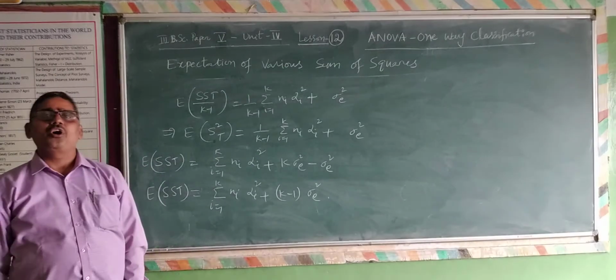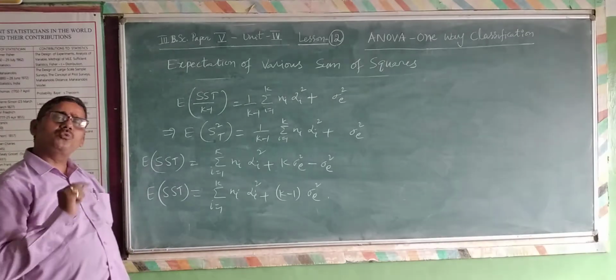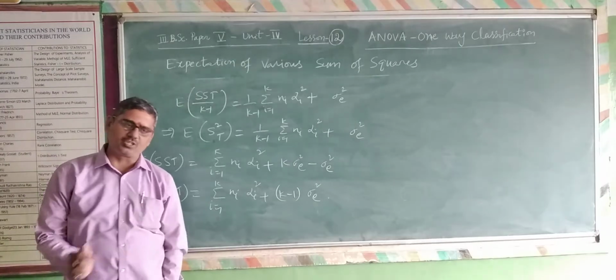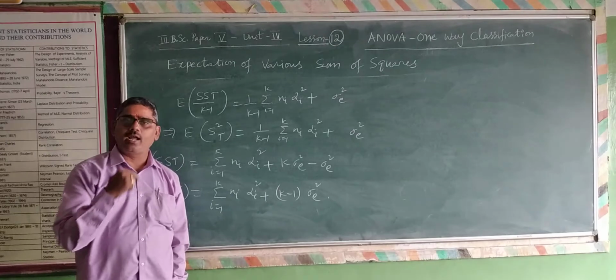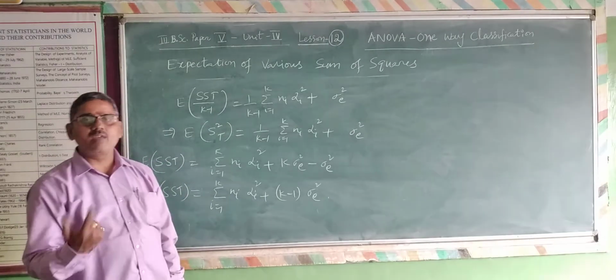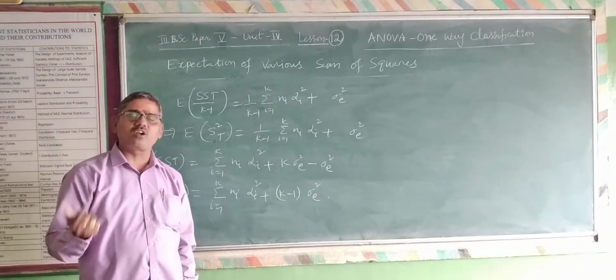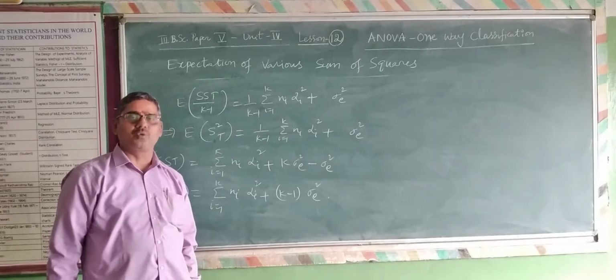So now we have to use the result in the one-way classification. You have to calculate under the null hypothesis H naught. What is the null hypothesis? Alpha 1 equals alpha 2 equals alpha k equals 0.